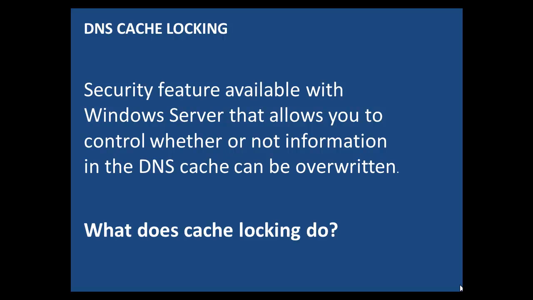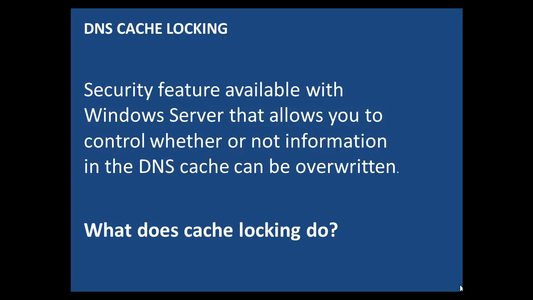For example, if you set your cache lock-in value to 50%, then the cached records cannot be overwritten until half of the time to live has been reached. DNS cache lock-in is set to 100% by default. This means that the cache records never get overwritten.